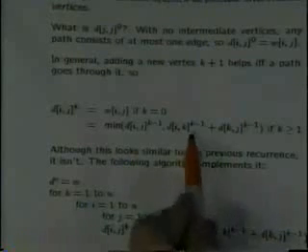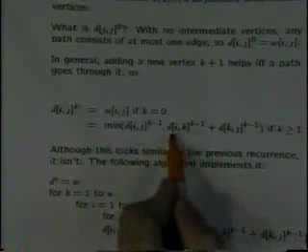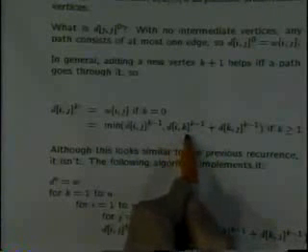In which case, what's the shortest path from i to j using vertices 1 through k as intermediate vertices? Well, if we know we're going to go through k, it's going to be the shortest path from i to k plus the shortest path from k to j. If we're going to find the shortest path from i to j that goes through k, this has to be it.